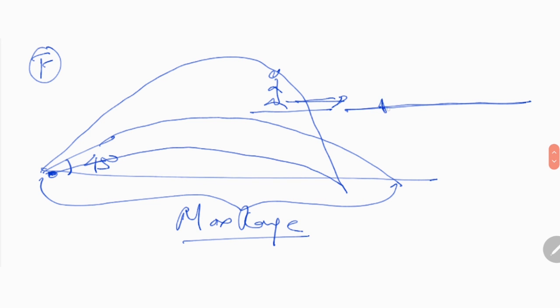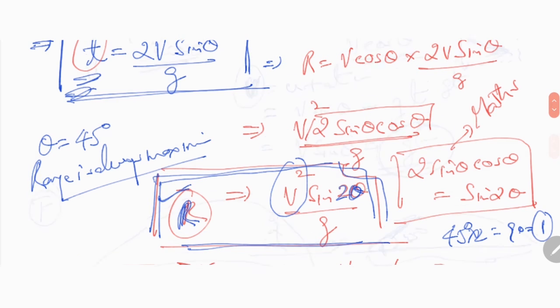If this is the line, he tries to launch himself upwards at an angle of 45 degrees, because for any given speed, if you want to get maximum range, you have to launch at 45 degrees. And why is it so? As we have seen here, because if this is the formula for range, to get maximum R, theta has to be 45 degrees. I hope you get the idea.